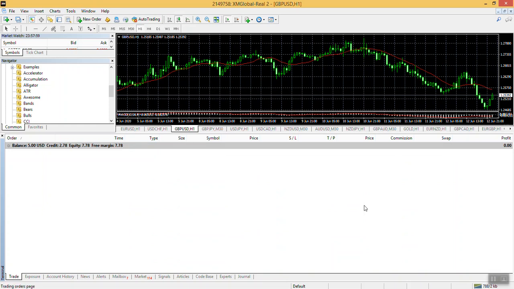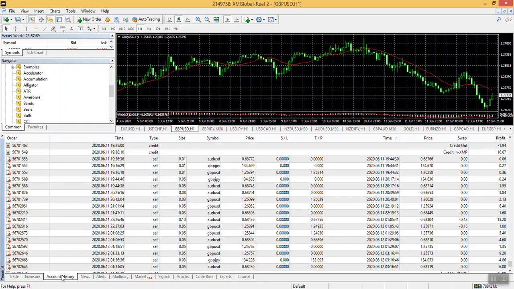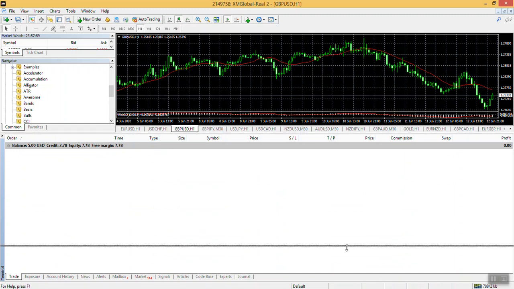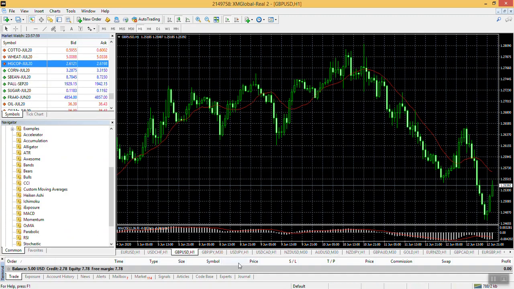I told you anytime you close your trade, you come to the account history and you see either your profit or your loss. So that's basically all about the basic foundation you need to know about the MetaTrader.